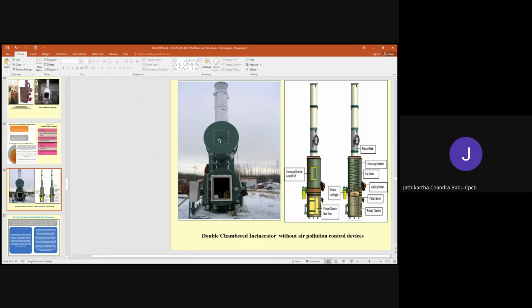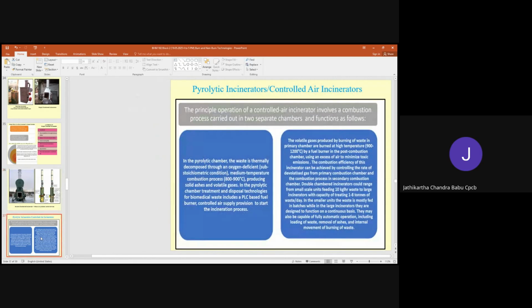This is a double chamber incinerator, but not having any air pollution control. Waste here is converted into carbon monoxide, whereas the gases flow into the secondary chamber, in the presence of air and fuel. The carbon monoxide is converted into carbon dioxide, but these gases are emitted directly into the atmosphere without any cleaning system. Therefore, single chamber or double chamber incinerators without APCD are not at all allowed as on date by the rules in the country.